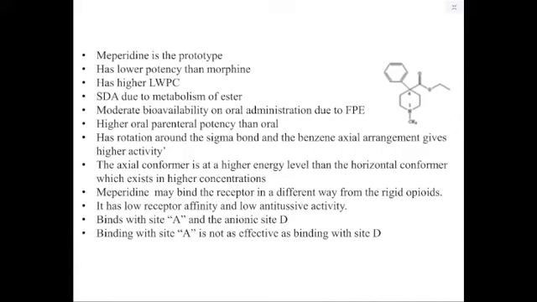But it was found to interact with receptor A, which was an additional receptor. And the drugs that bind receptor A do not have as good activity as those which bind the D, C and B receptors. But it was found to bind that receptor and have good analgesic activity, with lower potency.